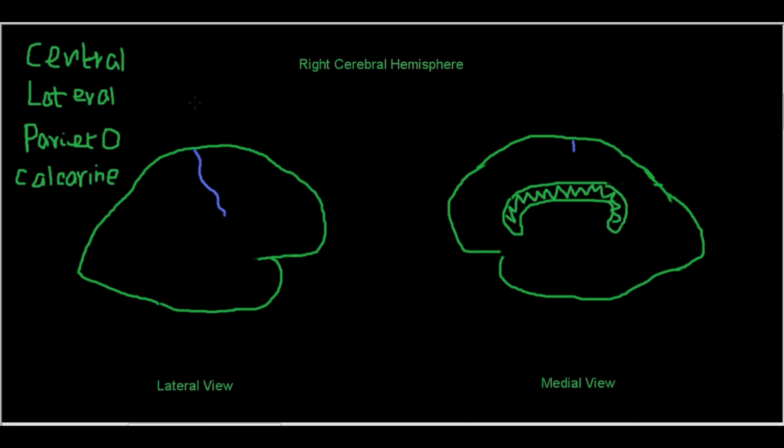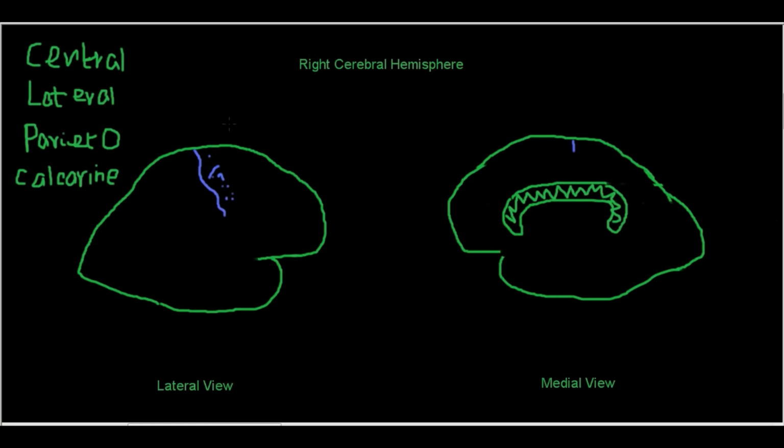The importance of this central sulcus is that the area of the cerebral cortex just anterior to it is known as the precentral gyrus. Gyrus, as I told you before, is the fold, the prominent fold of the gray cortex. So the precentral gyrus is this area which I'm going to show you as a dotted area just in front of this central sulcus.